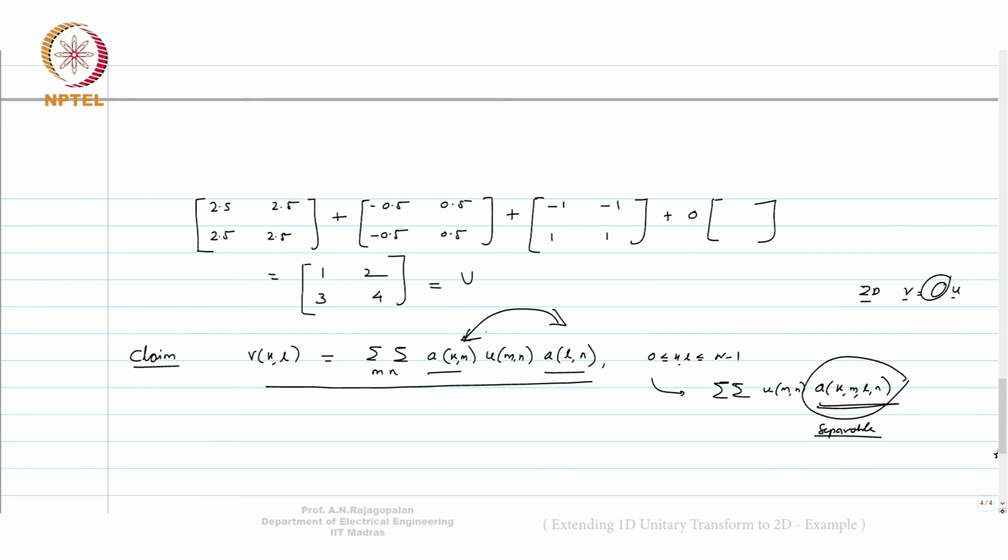Whereas if you just take some A, and don't worry about whether it is a DFT or DCT or Walsh-Hadamard, we don't really care about any of that. We know that all of them are unitary and separable, and if you can develop a common framework which allows you to go seamlessly from 1D to 2D, then it automatically means that going from 2D to 3D should be another seamless task. And that is what we are hoping to do.